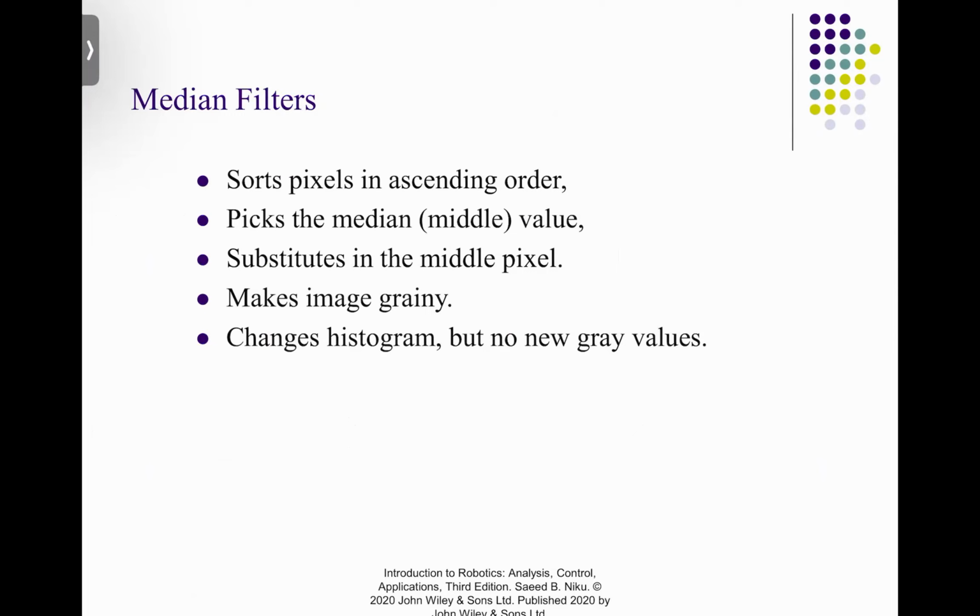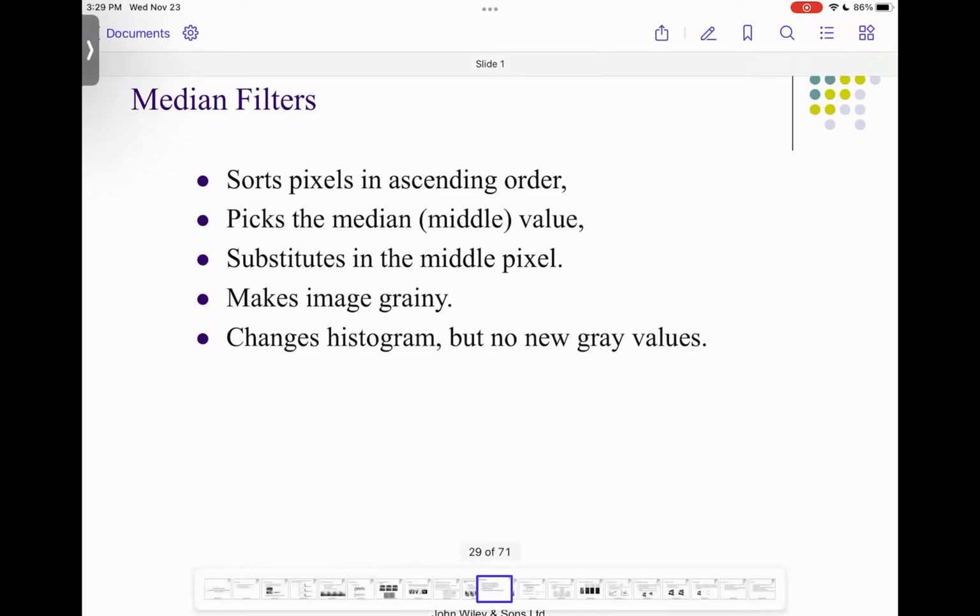That median filter is used to make the image grainy, and it actually changes the histogram and the appearance of the image. Sometimes it is very important when you are recognizing certain patterns: you perform median filter processing so that the pattern can be recognized from the surrounding.